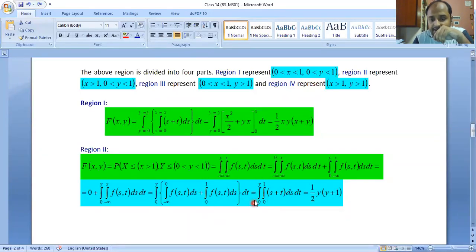We get ultimately 0 to y, 0 to 1, and the function's form is s plus t, ds dt. When you integrate this portion, you will find that the expression comes out as half into y plus 1. So two parts have been calculated, one is this and another is that.